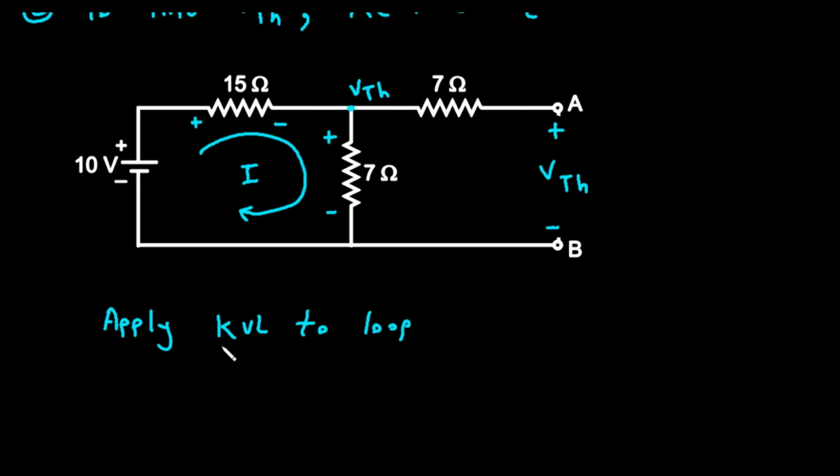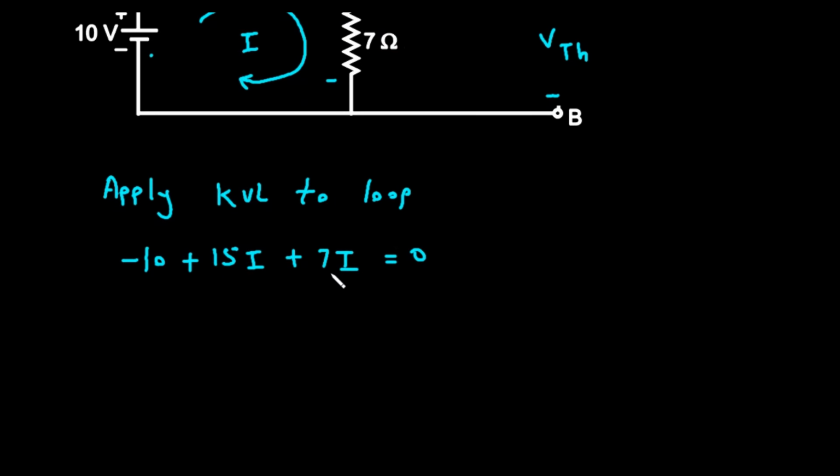KVL stands for Kirchhoff's voltage law. Let's say we are starting from this point, so it will be minus 10, then plus 15 into I, then plus 7 into I, is equal to 0.